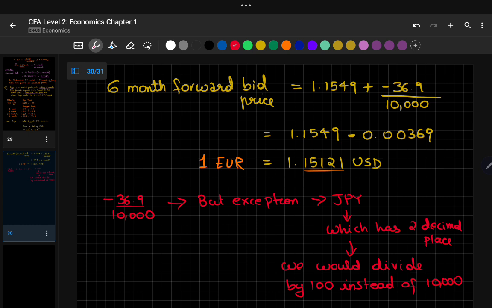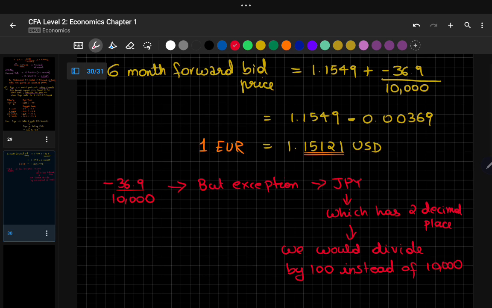So JPY is an exception because JPY only quotes its exchange rate to 2 decimal places. That's why 100 instead of 10,000. For JPY, 1 pip is equal to 0.01, like the last decimal place would be 0.01, right? So now we have solved this example.